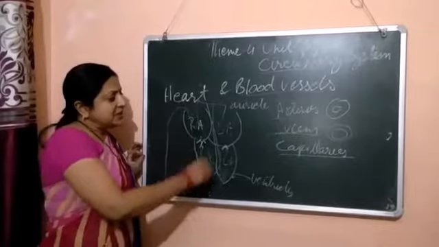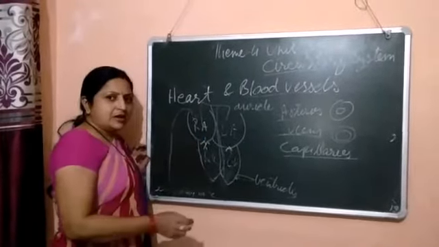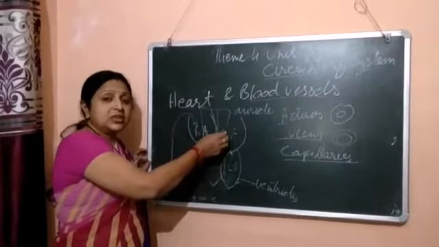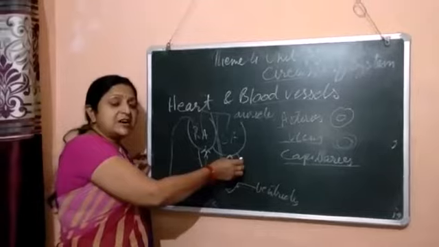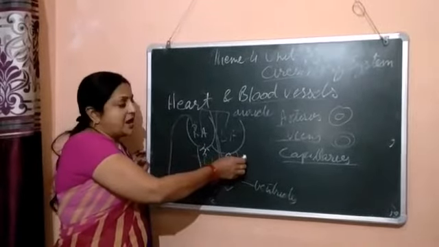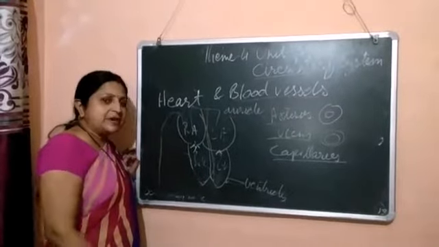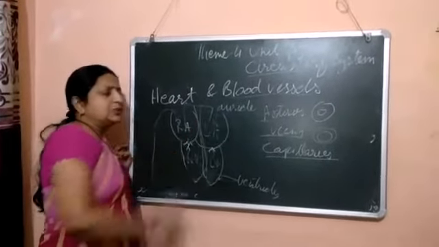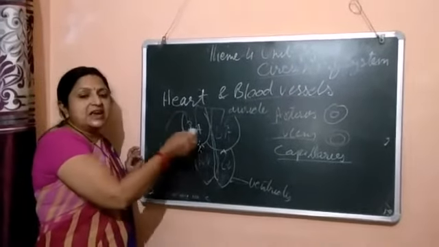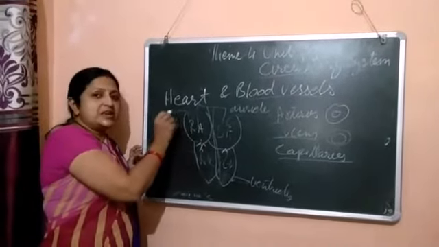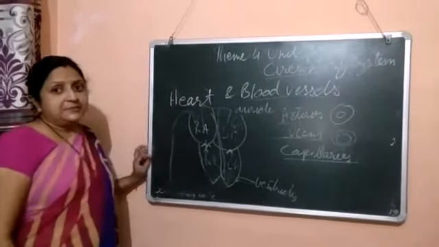And at the same time, pulmonary vein also enters the heart, but into the left chamber of the heart, the left auricle. It collects the oxygenated blood from the lungs and pours it into the left auricle. So these three vessels enter the heart: superior vena cava, inferior vena cava, and pulmonary vein.